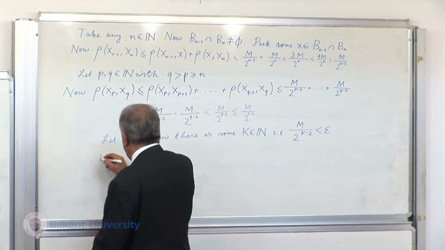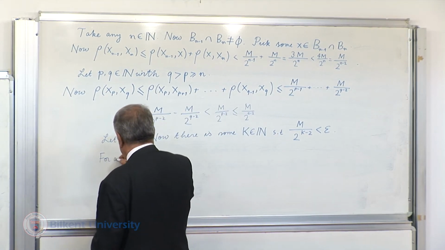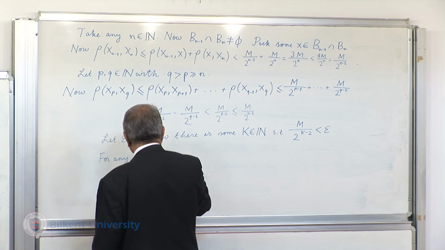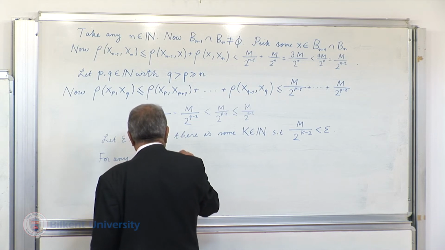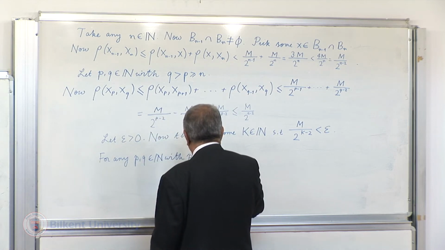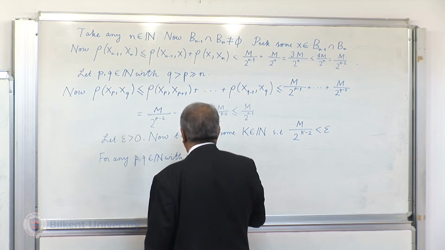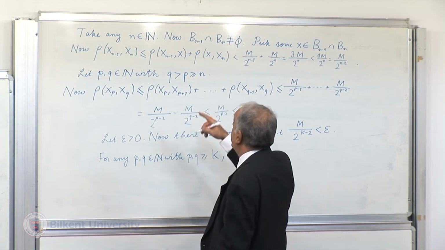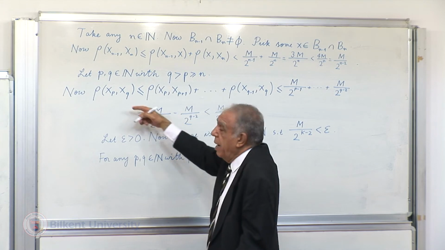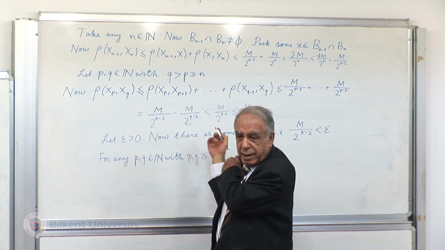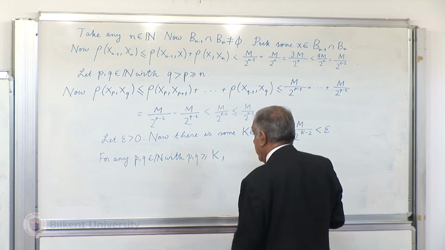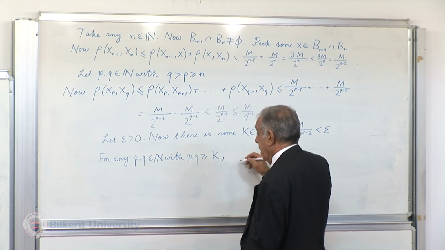Now for any p, q in N with p and q larger than or equal to k. Well, here we took q larger than p, but if p and q are the same, this will be zero, and trivially the same inequality will be satisfied.